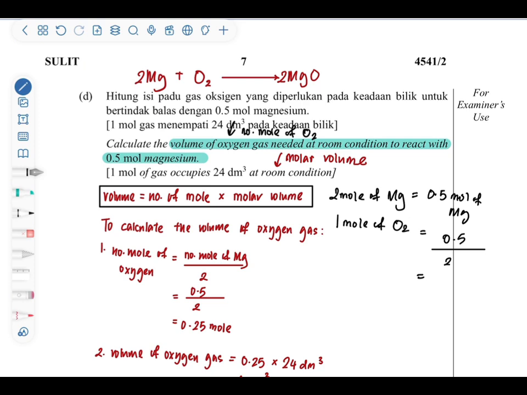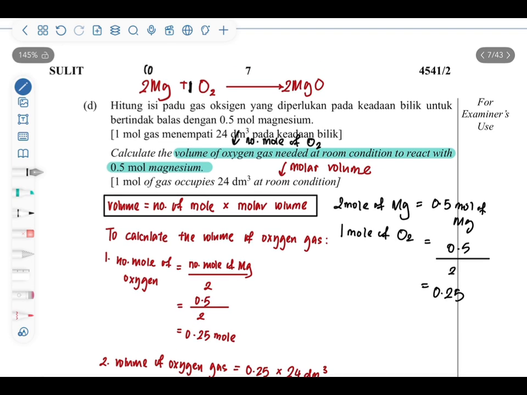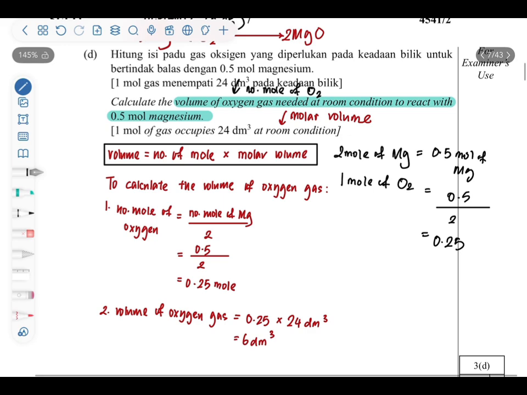So we will get the number of mole for the oxygen gas, which is 0.25. So I repeat again, in this chemical equation, we have 2 mole of magnesium, and this stands for 0.5 mole of Mg. So for sure, over here it will be 0.25. Just like mathematics, the ratio, we want to get the ratio.